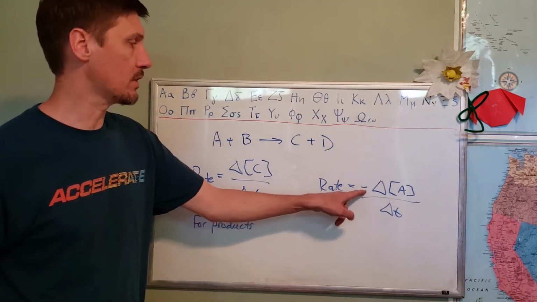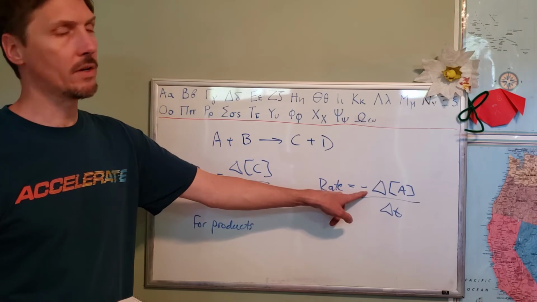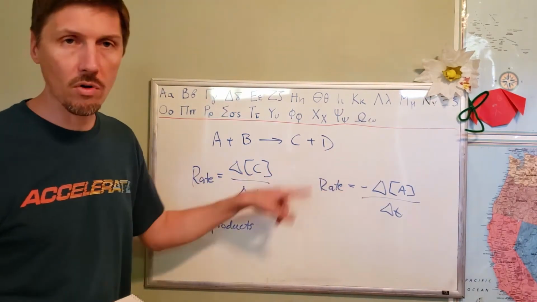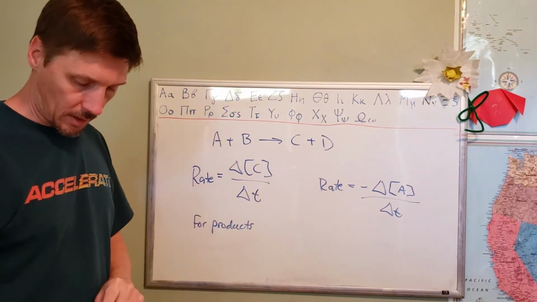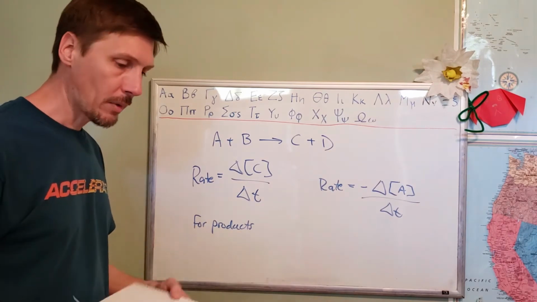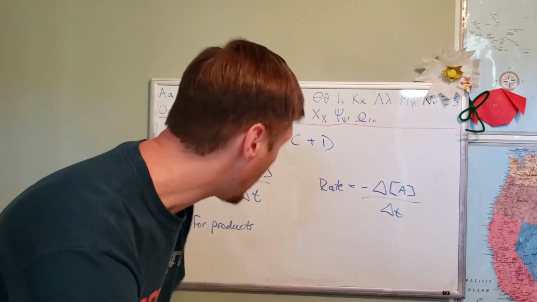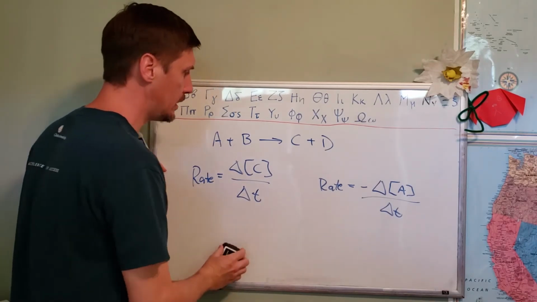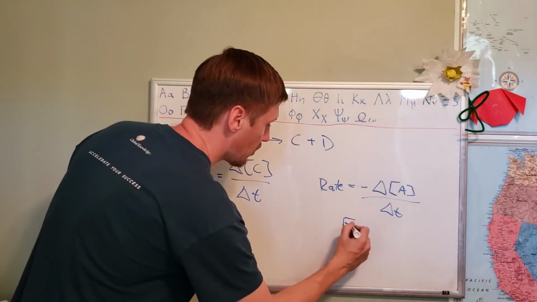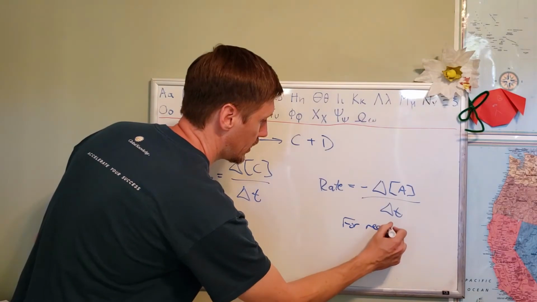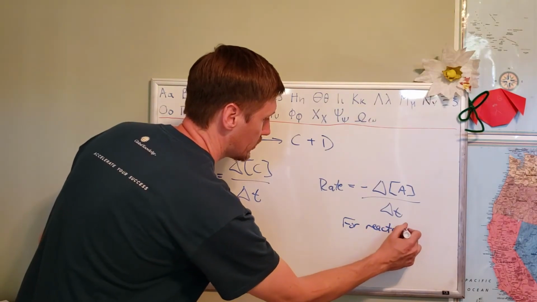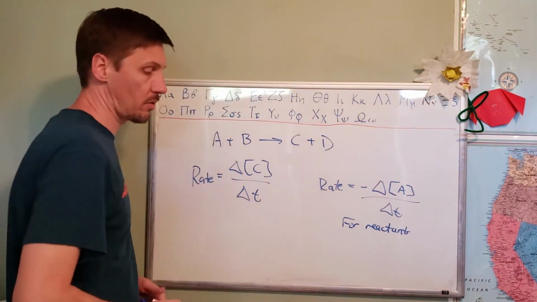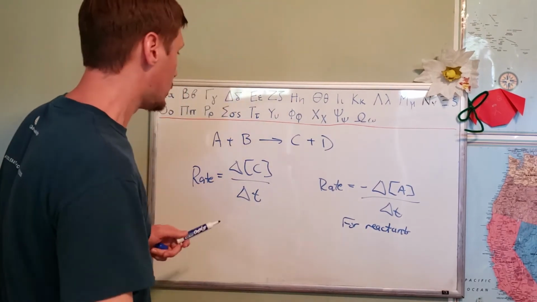So we put this negative sign here in front of it if it's a reactant, so that our overall rate will always be a positive number. Okay? So I just want to do a quick example. There's actually not one in the book, so I just made one up. So this one's for products, this one's for reactants.